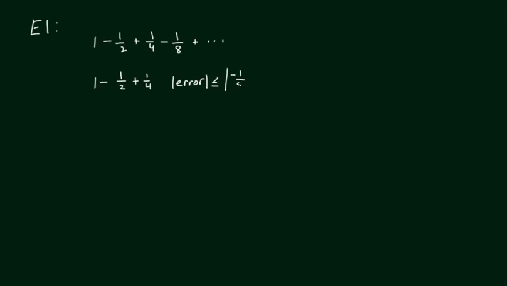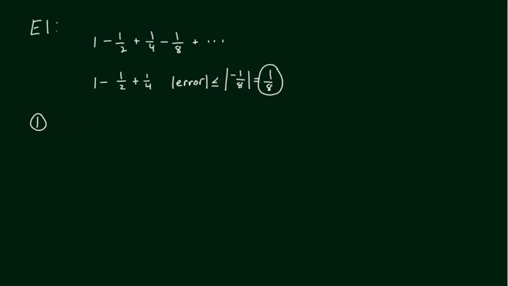So that would be 1/8. So the entire error is going to be less than or equal to 1/8. In fact, we found that the error was equal to, in magnitude, 1/12. But again, they're not all geometric, so we don't always know what the error is. So, without further ado, example number 1.